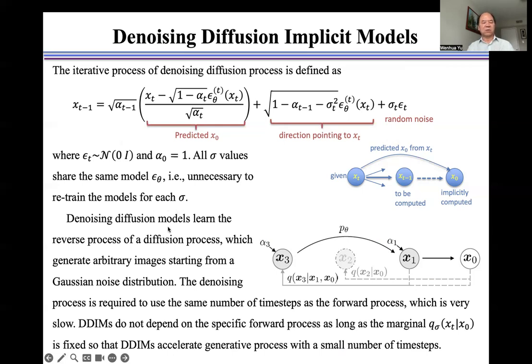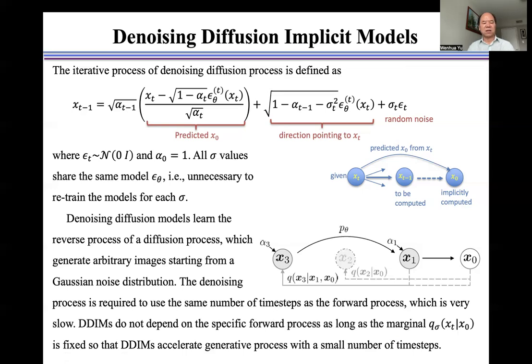Denoising diffusion models learn the reverse process of diffusion process, which generates arbitrary images starting from Gaussian noise distribution. The denoising process is required to use the same number of steps as the forward process, which is very slow.